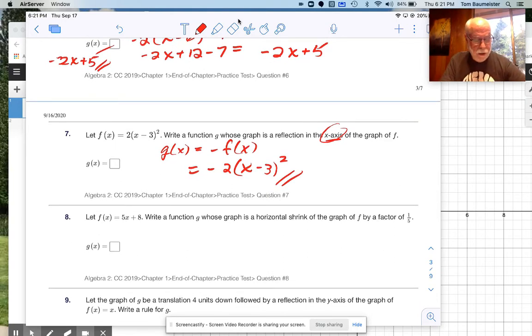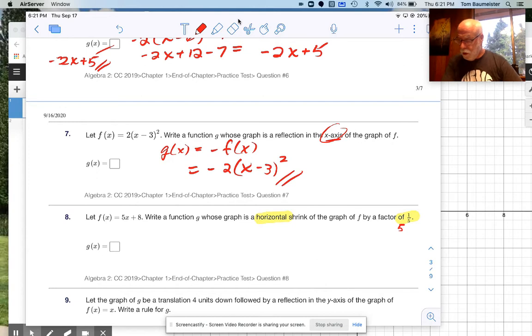So number 8, let f of x equal 5x plus 8. Write a function g whose graph is a horizontal. So now remember, I told you whenever I see the word horizontal, I'm going to take their factor here, and I know I'm going to automatically flip it. Since they have 1/5, I'm going to say it's 5 over 1, but 5 over 1 is just 5.